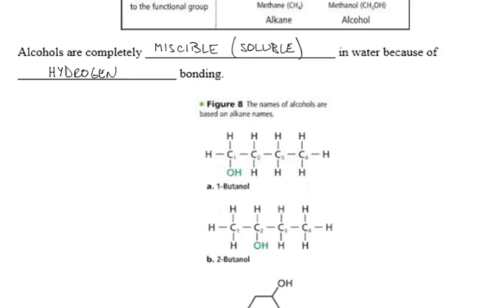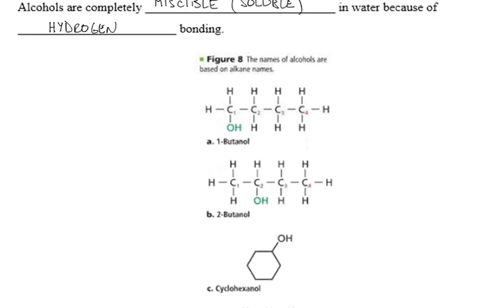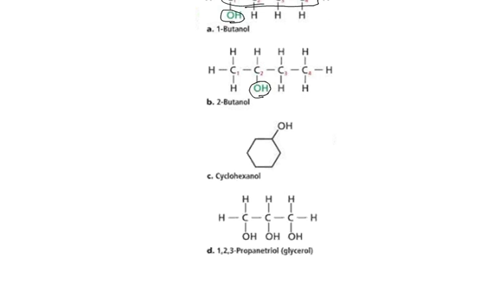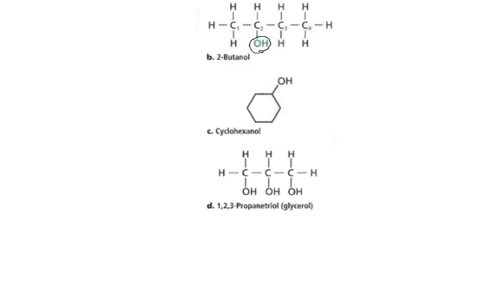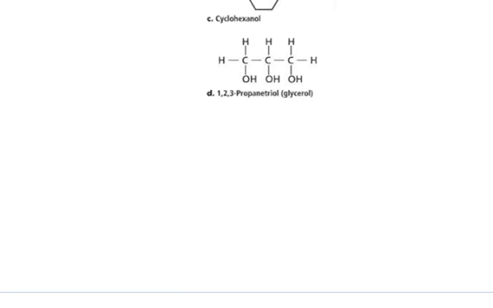So the names of alcohols are based on their alkane name. Here's 4 carbons, that's butane, but now we have a hydroxyl group, so it's called 1-butanol, 2-butanol. We don't have to worry about C or D.